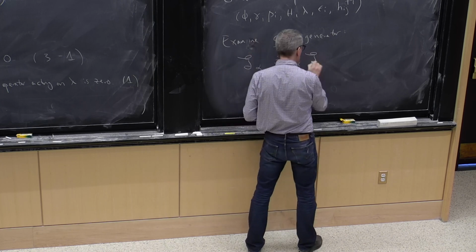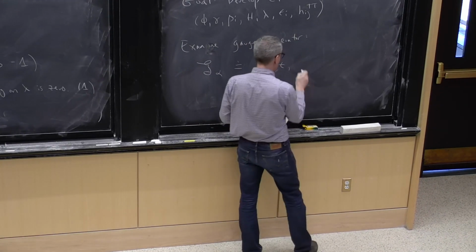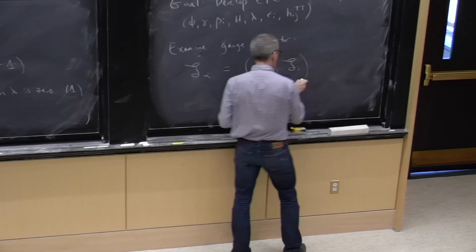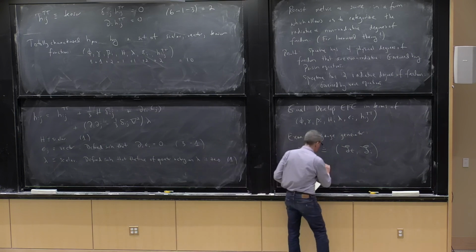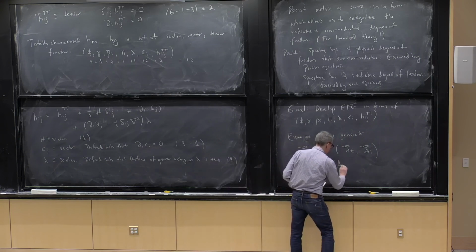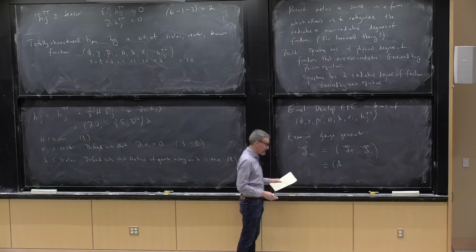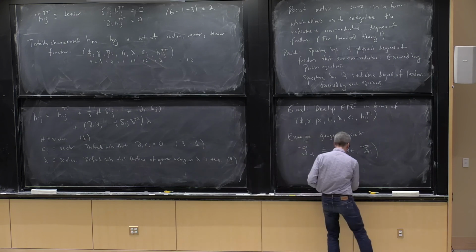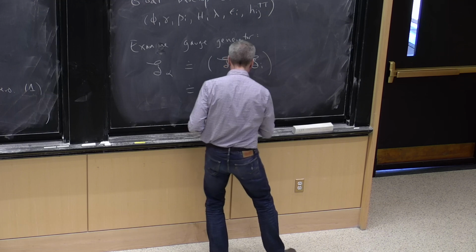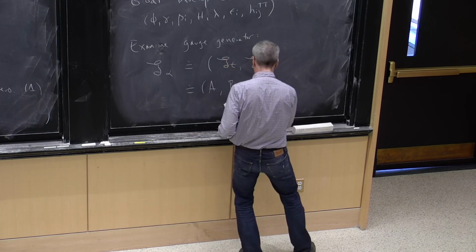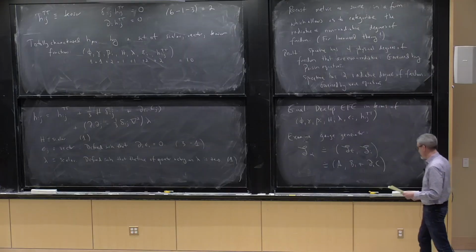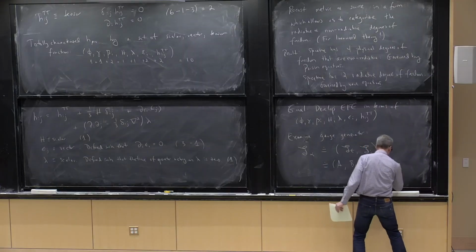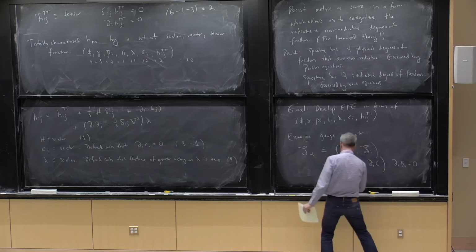Since I have chosen time and space coordinates, I can break it into a time-like piece and a spatial piece. I'm going to say that the time-like piece is some scalar field A. And the spatial piece looks like a vector field B sub I plus the gradient of some scalar C. And I'm going to require di bi to be equal to 0.